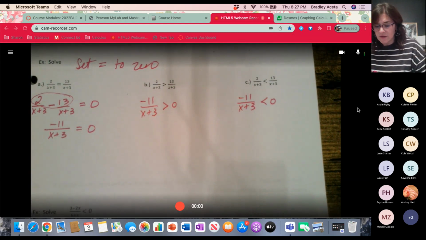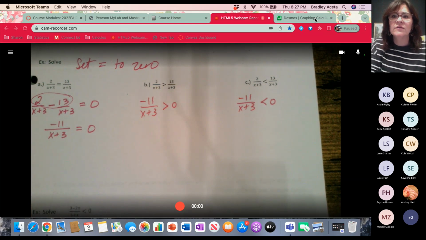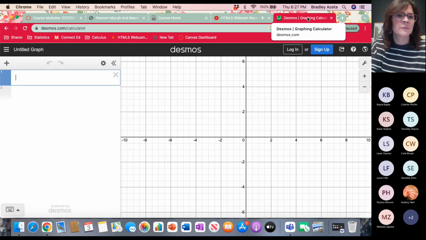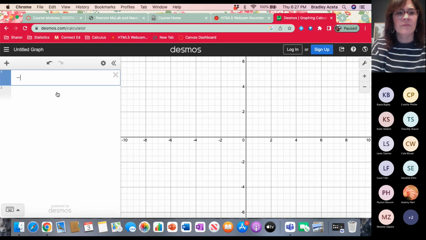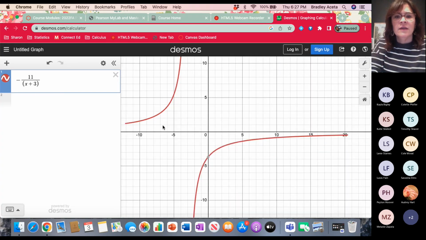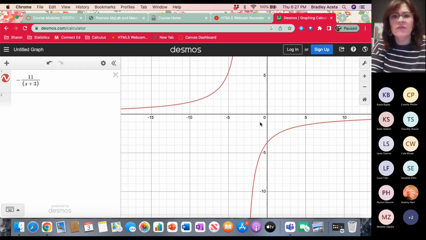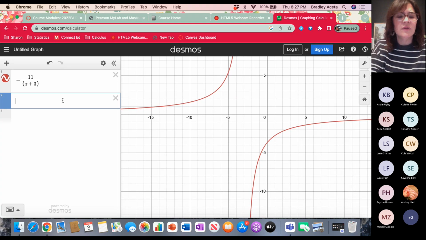And I'm going to put this function right here, -11 over x plus 3, on Desmos. And again, what am I looking for if it says -11 over x plus 3 equals 0? Well, I'll even type it in, y equals 0.